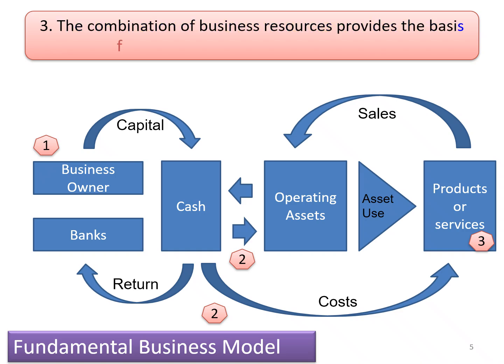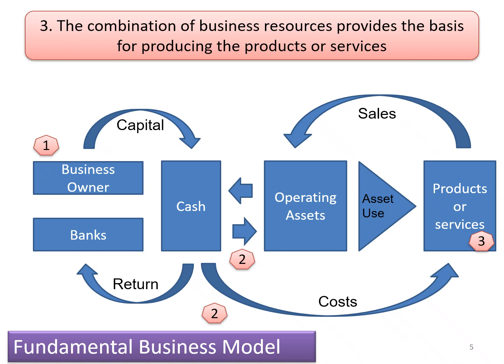Now, the cash that we have is already converted to different assets and for other costs used to render service. These assets we use to provide services or to help us sell our products.